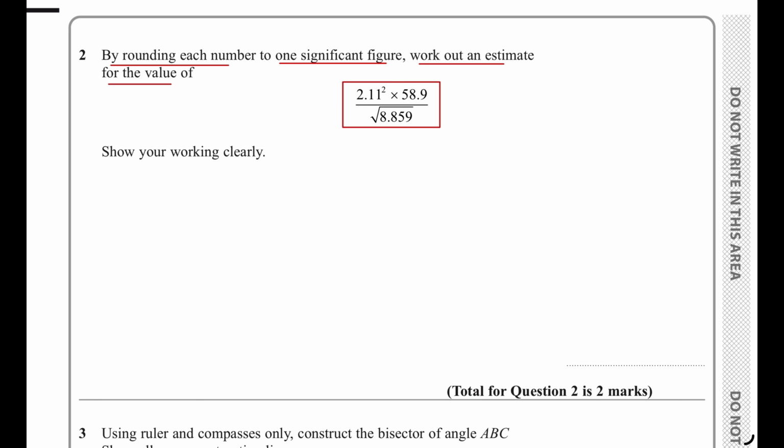So 2.11 can be rounded to 2, squared, times 58.9 rounded to 60, divided by the square root of 9. So it is equal to 4 times 60 divided by 3, or it can be 4 times 60 divided by negative 3.